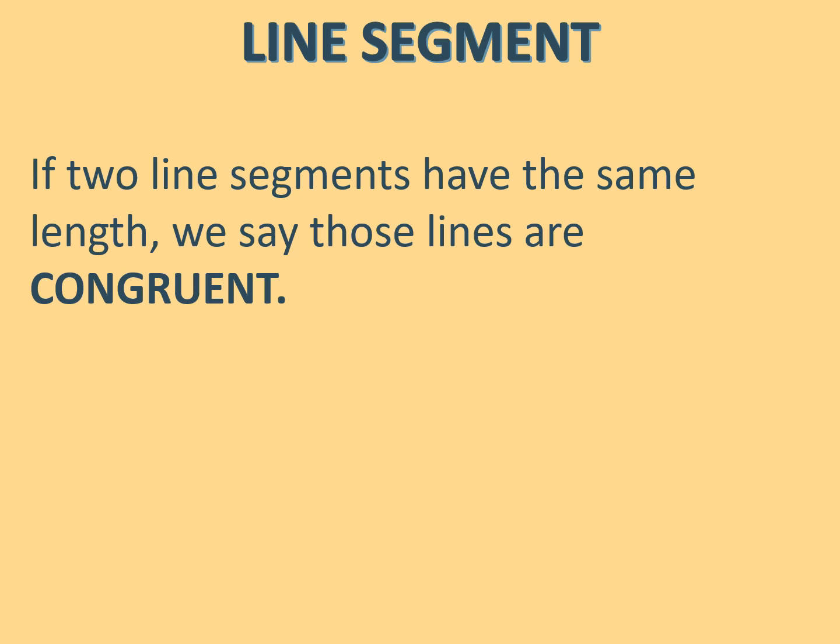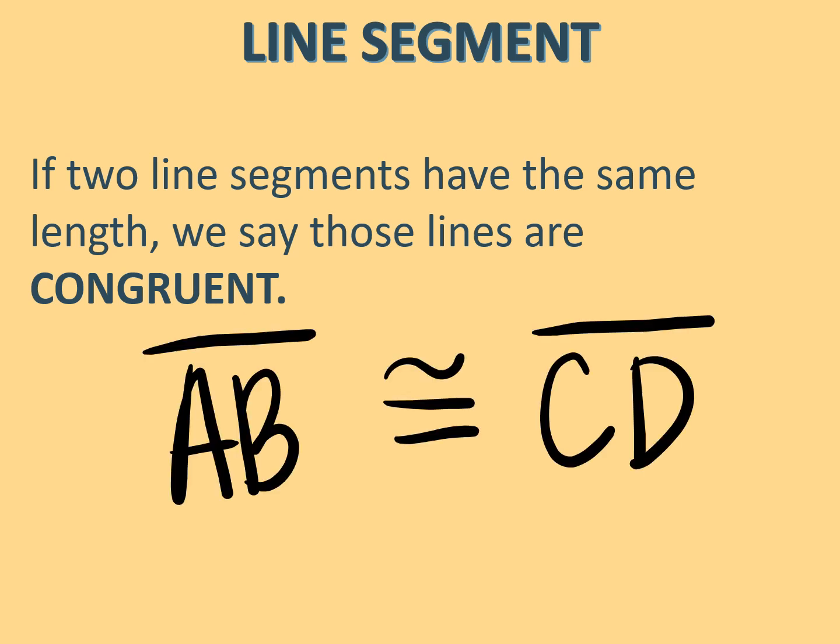The last thing we need to talk about with line segments involves when you have 2 line segments that have the same length. When 2 line segments have the same length, we say that those lines are congruent. Not equal, but congruent. The symbol for congruent, you can see below. So suppose we have 2 line segments, AB and CD.